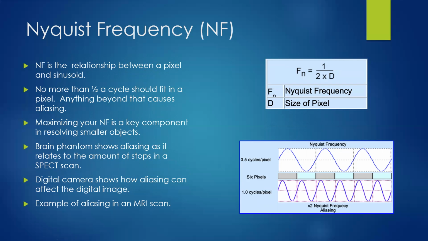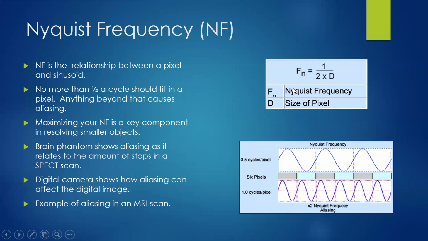So if you're below your Nyquist frequency, you're not maximizing your visualization, you're actually below the MTF. If you maximize your MTF, then you are maximizing your ability to see everything that is possible within the appropriate imaging system that you have. But you don't want to go beyond that. That creates something called aliasing. And I'll talk about that in just a brief moment.